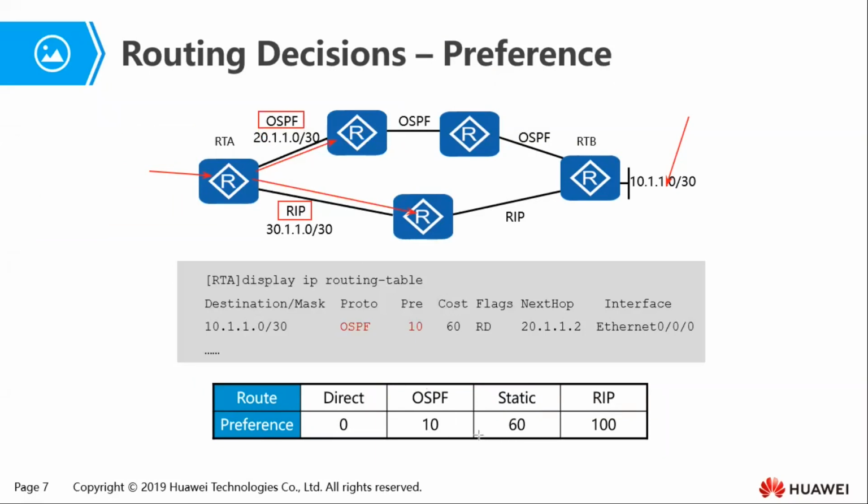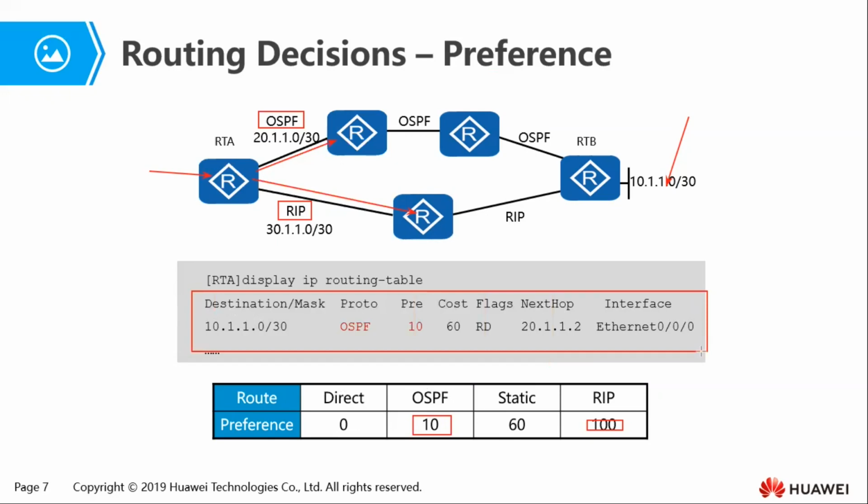Because OSPF has a lower preference value of 10, while RIP has a preference value of 100, the one that is going to be installed in our routing table and preferred as the optimal route is the route that has been learned through OSPF, and therefore that packet will be sent through this route.